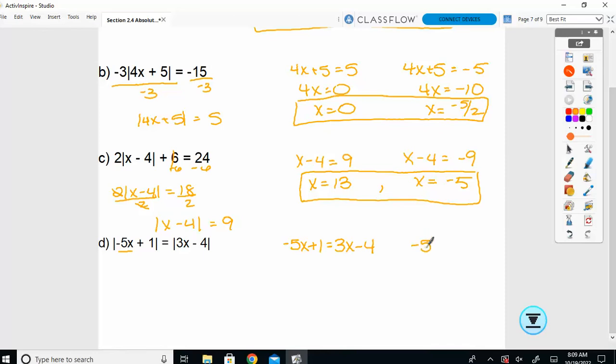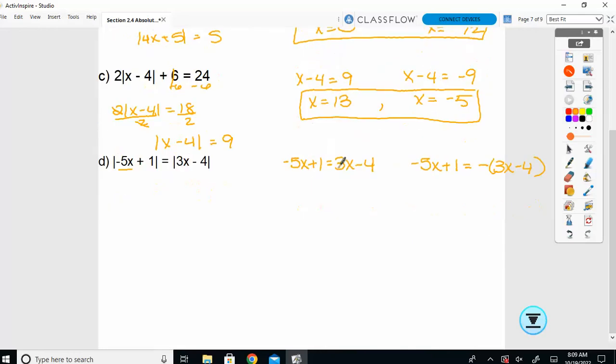So what we're going to do, we need the opposite of the entire side. So you make one side negative. And you notice I put parentheses here because what do I need to do with that negative? Distribute it. Okay. So then we just solve these.